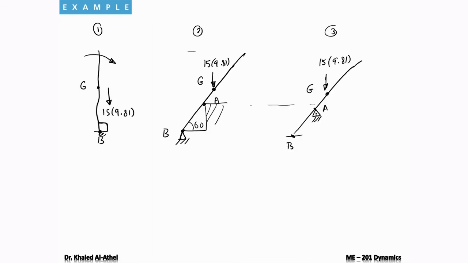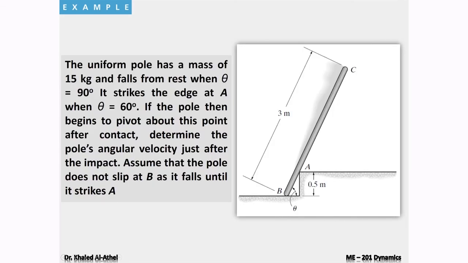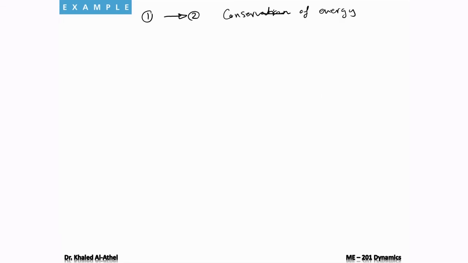So I'm going to pick, first of all, the datum. Datum is at point B always for this problem. So the datum is at B. And the pole was given that it was falling, so therefore nothing was mentioned, no velocity was given to it. So let's start.